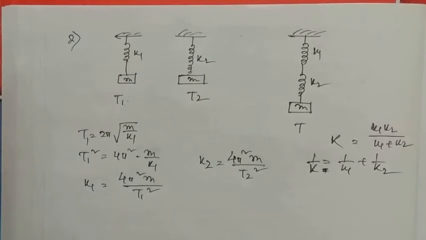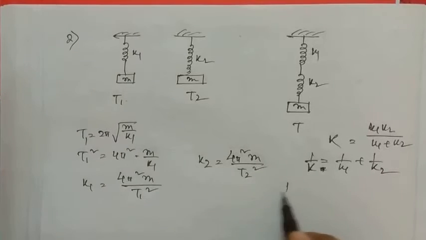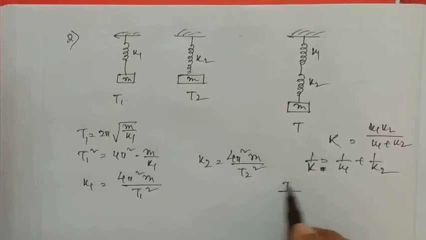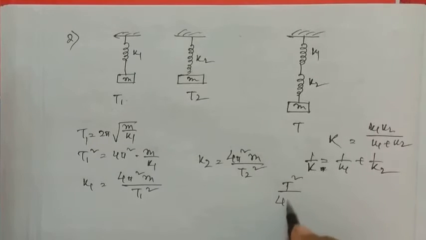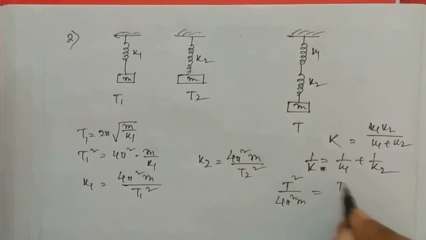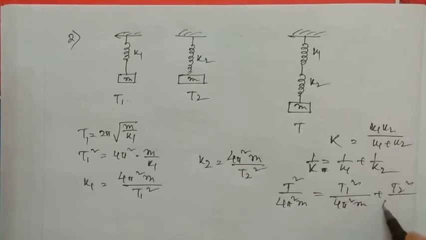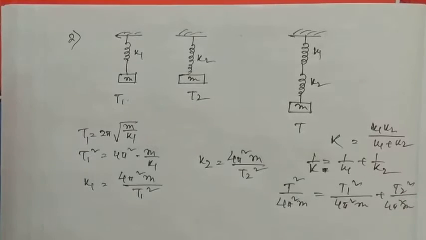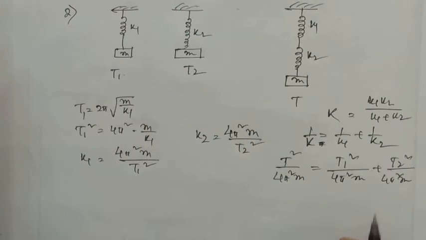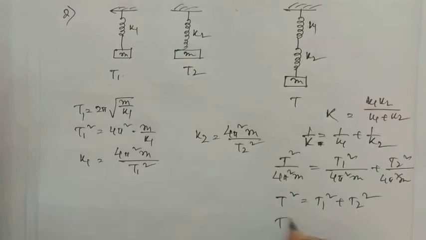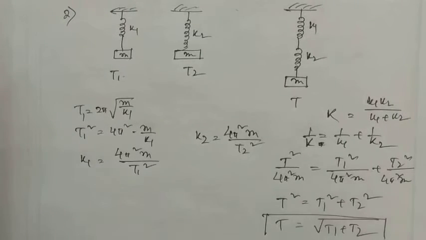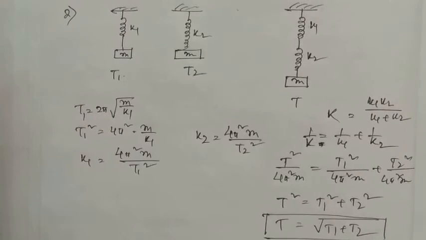So 1 by k means T square by 4 pi square m is equal to T1 square by 4 pi square m plus T2 square by 4 pi square m. So the denominator becomes equal for the left and the right hand sides. That means T square is equal to T1 square plus T2 square. That means T is equal to square root of T1 square plus T2 square. So this is the expression for T for the combined springs.